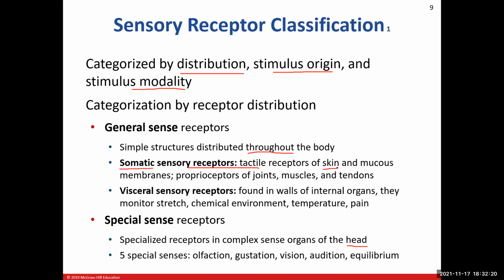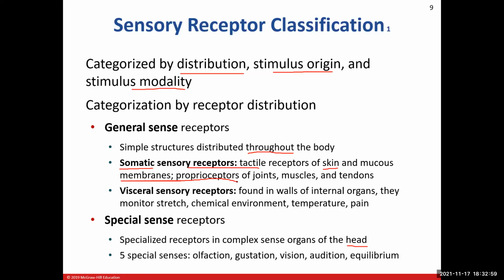I've mentioned just the skin, but now we're going to start to include the mucous membranes. Those mucous membranes are going to be located in various areas, like in your nose, in your mouth and throat. And then also the somatic sensory receptors include our proprioceptors. You remember the proprioceptors. Those were those receptors that we found near the joints and also the muscles and tendons around those joints. And they give feedback information, and it allows your brain to detect what your limbs and parts of your body are doing. And that's what those proprioceptors do for you.